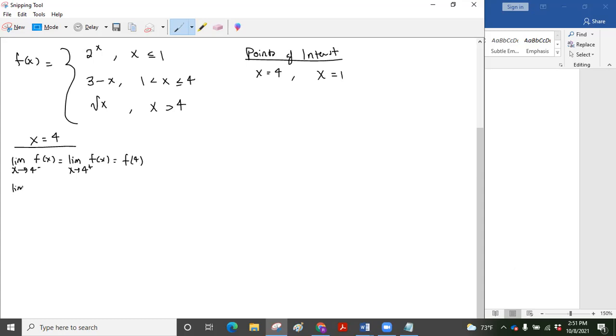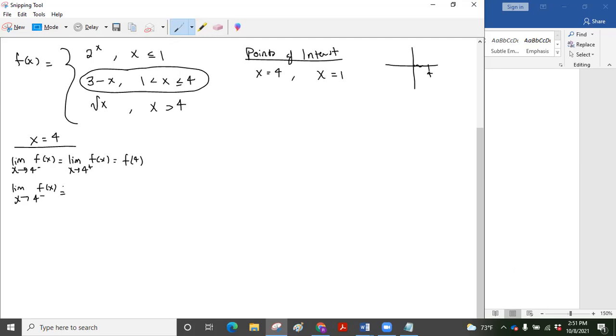So first, let's check the limit as x approaches 4 from the left of f of x. Which function should I use? Well, if I'm coming from the left of 4, that means all these values are less than 4. It says if x is greater than 1 but less than or equal to 4.